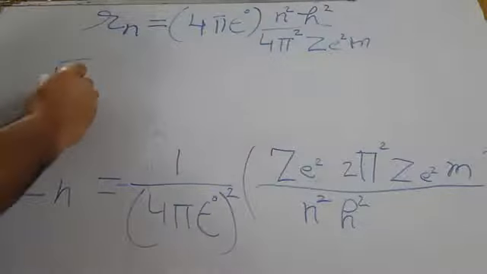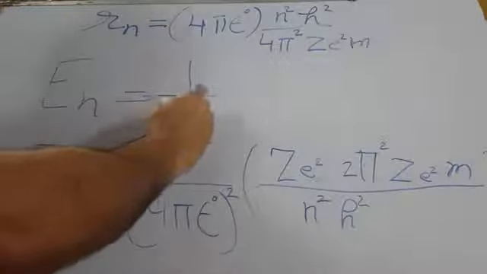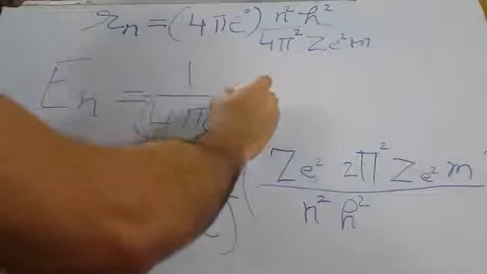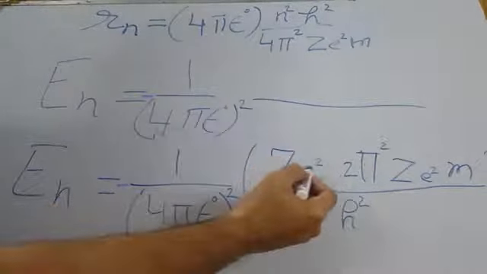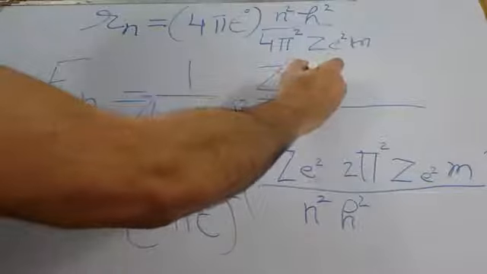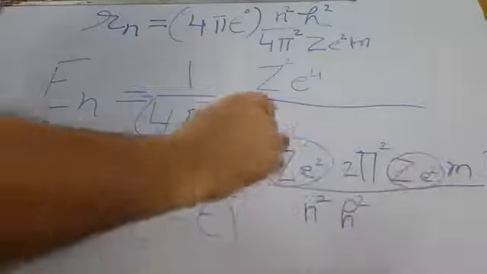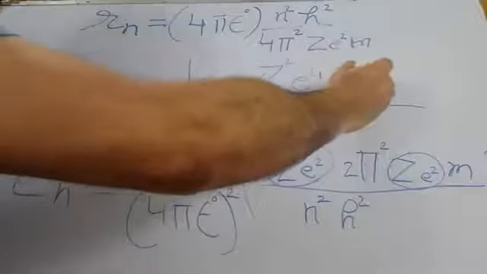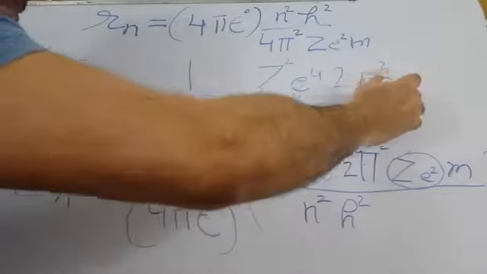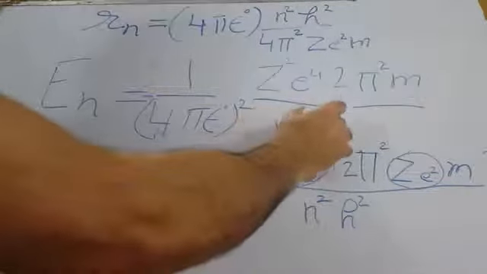Then it comes out to be En is equal to 1 upon 4 pi epsilon 0 whole square and Z square e to the power 4, 2 pi square m upon n square h square.